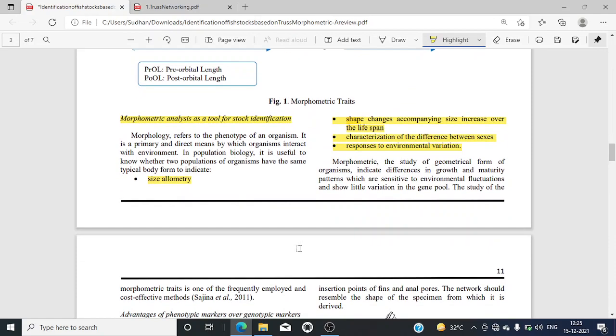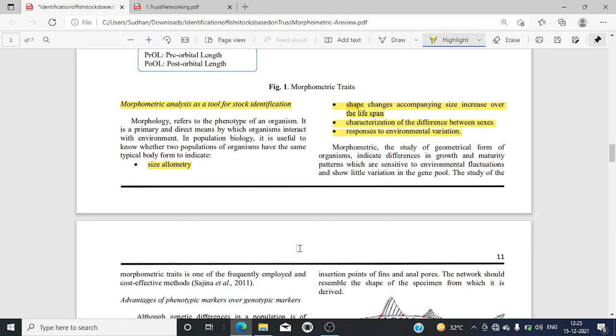Morphometric analysis as a tool for stock identification indicates the size allometry, shape changes accompanying size increase over the lifespan.